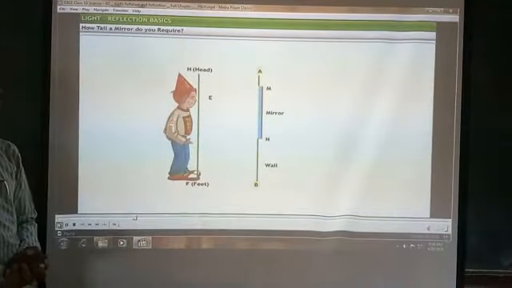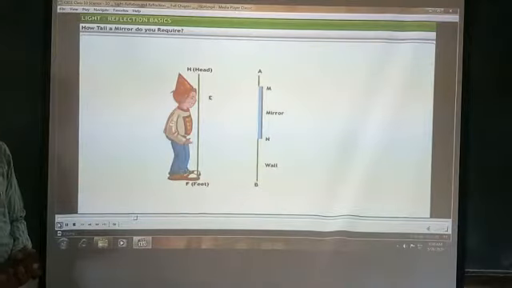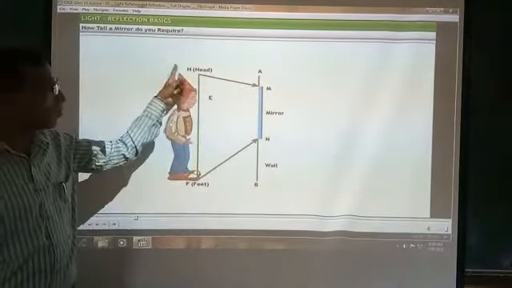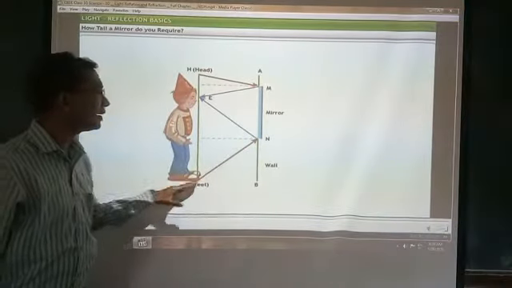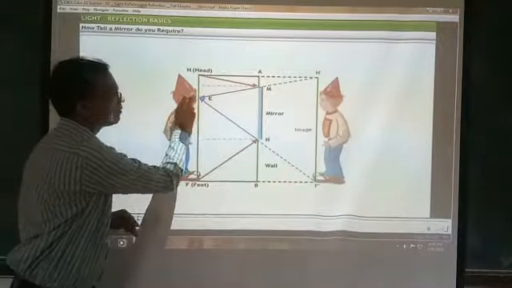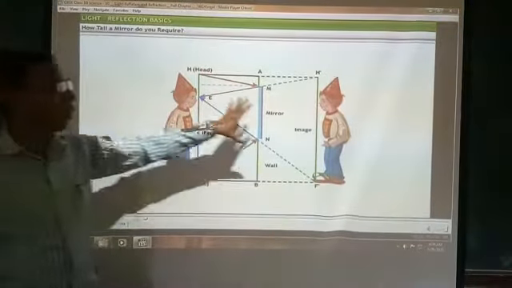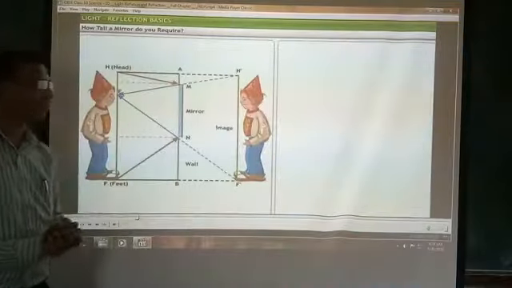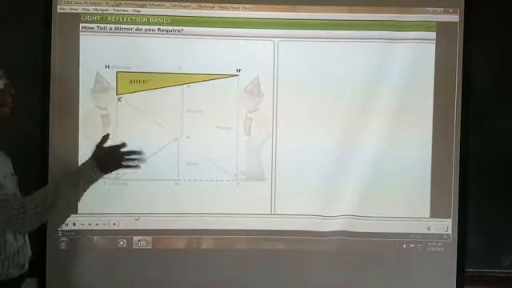From the point A, HF is equal to AB. So obviously the incident light from the point A and F will be reflected back into our eyes, and the image will be obtained in the plane mirror at the same height.